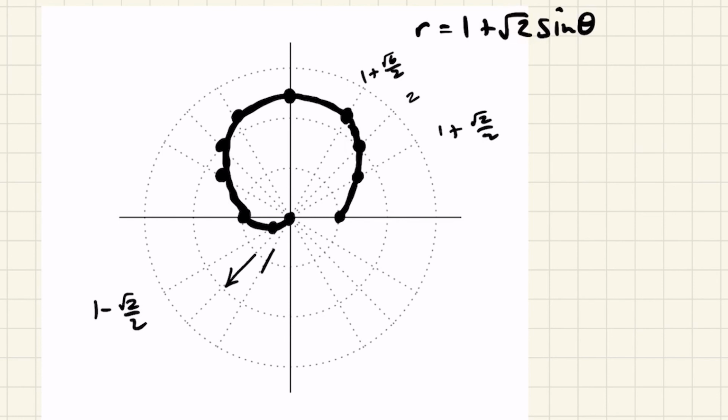But we're not done with the third quadrant. At 4 pi over 3, sine of 4 pi over 3 is negative root 3 over 2. So we have 1 minus root 6 over 2. Again, the square root of 6 is something a little over 2, so half of that. So this is a small negative number, and it's going to be right about there.